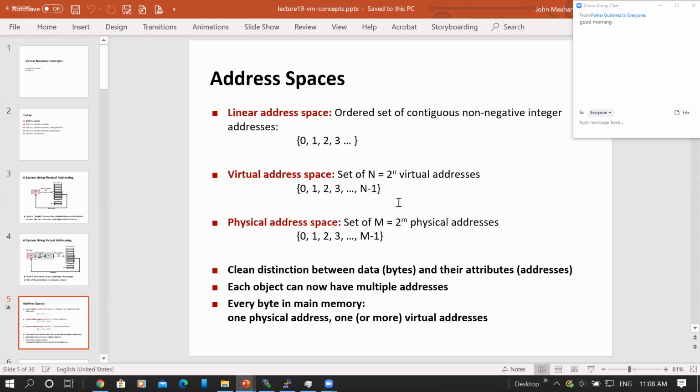So that would be the size of our virtual address space. And if we had m, which could be different, physical bits of address for the physical memory on a computer, then we would have 2 to the m amount of physical memory. So this physical memory is your 12 gigabytes or 16 gigabytes or whatever you happen to have of the physical DRAM on the computer.